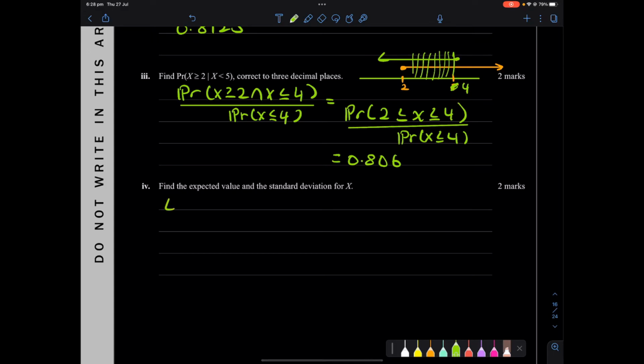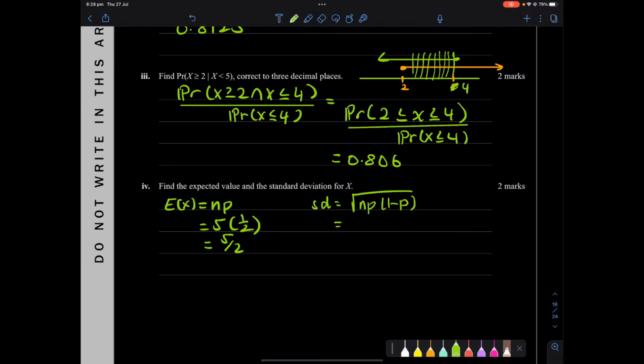Okay. Find the expected value and the standard deviation. To find the expected value, it's just np, where n is 5 and p is half, so it's 5 on 2. Your standard deviation, it's on the formula chart. I believe it's, if I'm not mistaken, the square root of np(1 minus p).